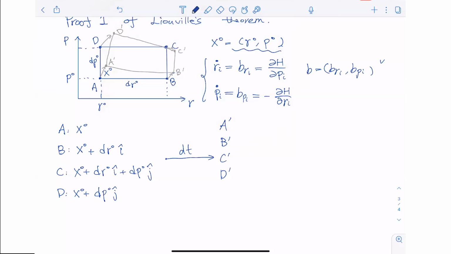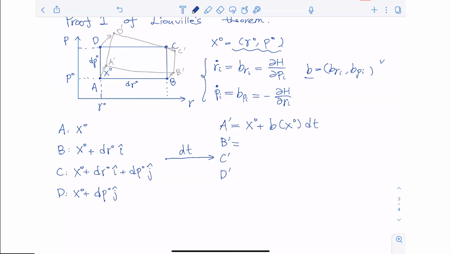Okay, so now we know what we are trying to do. We will extrapolate the new coordinates by this velocity v. A prime will be its initial position plus the velocity defined at x naught times dt.